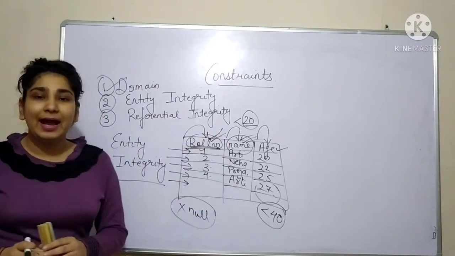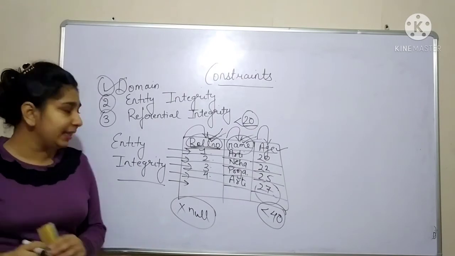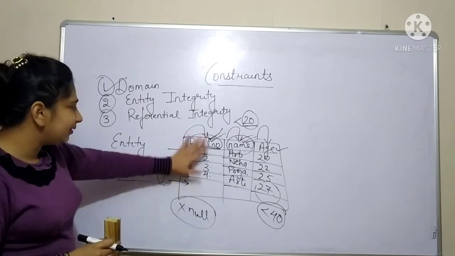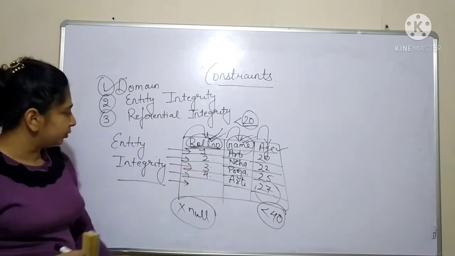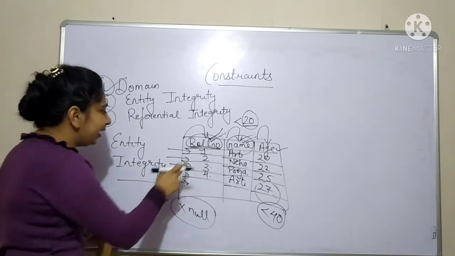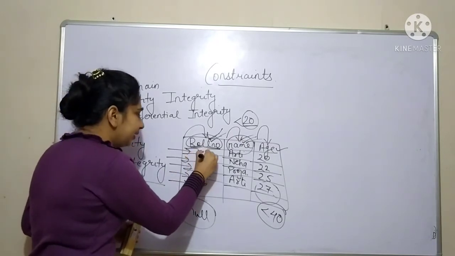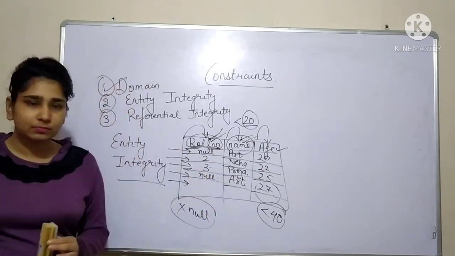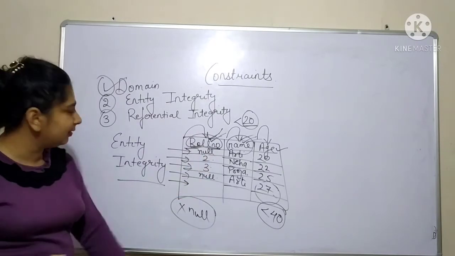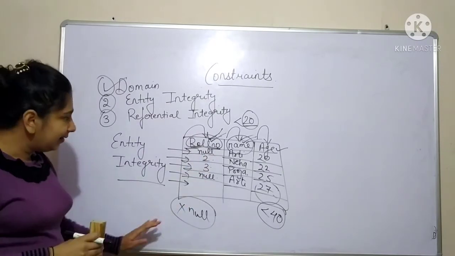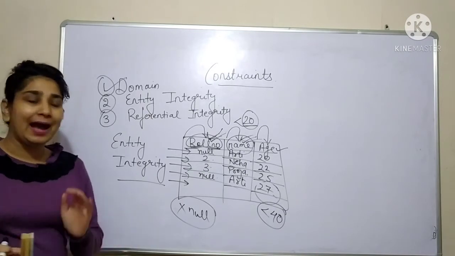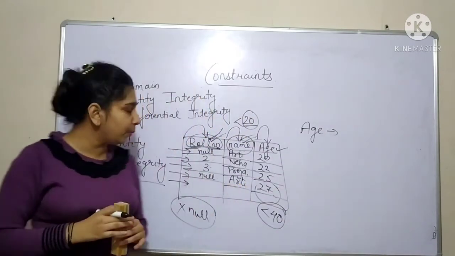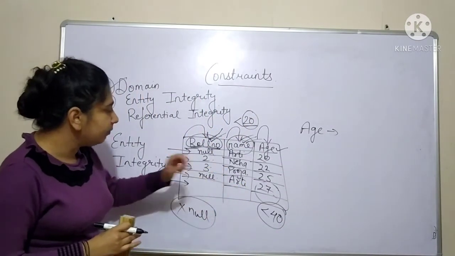What I am saying is that there should not be null present in the key attribute, the roll number. If there is a null present in the key attribute, what errors can we get? There is a null value present in the key attribute, and I have one question: I want to find the age of name Aarti.